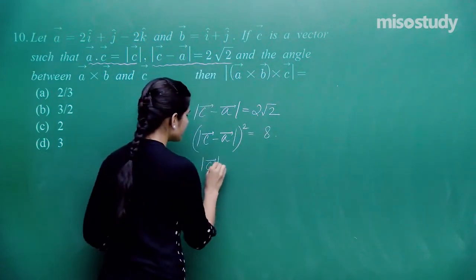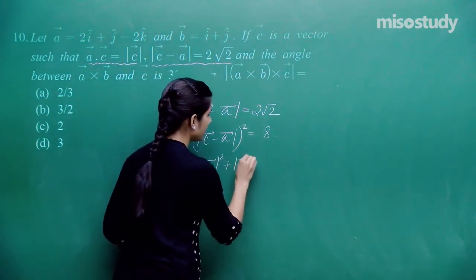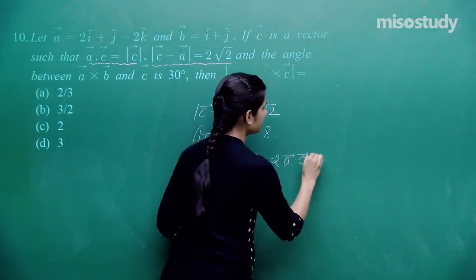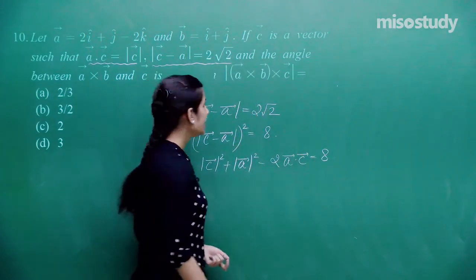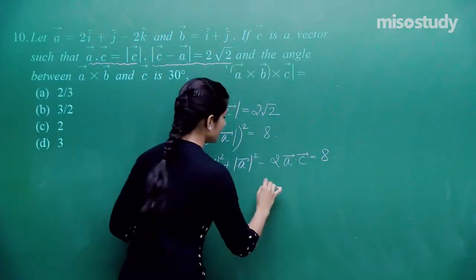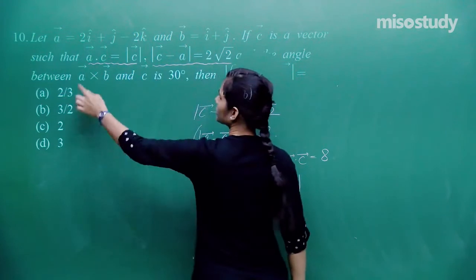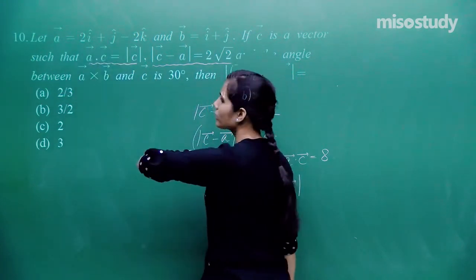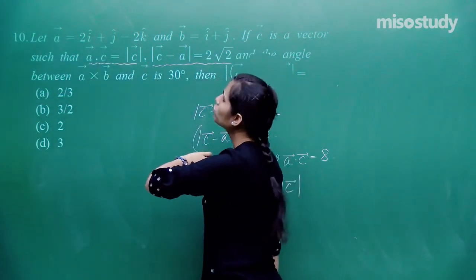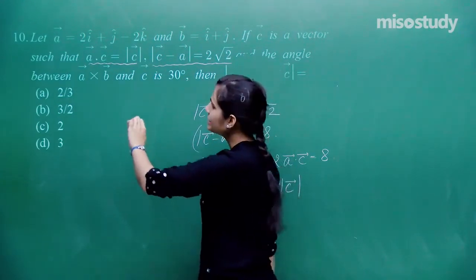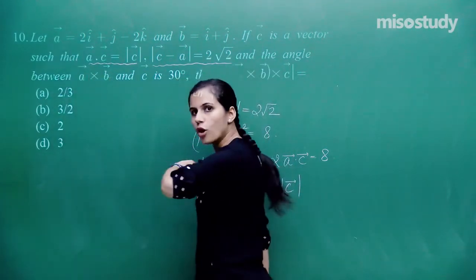This gives you mod C square plus mod A square minus 2 times A dot C. A dot C is given as mod C. Mod of A vector is what? A vector is 2i cap plus j cap minus 2k cap. What is the mod of A? Under root of 9, that is 3.